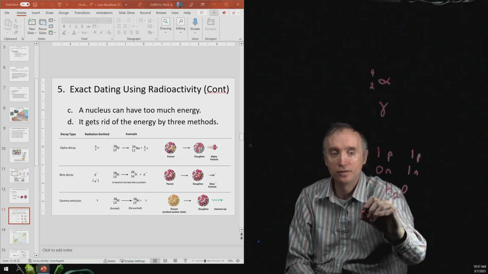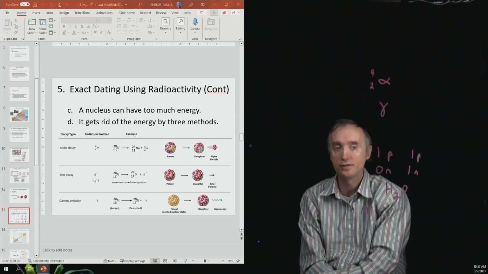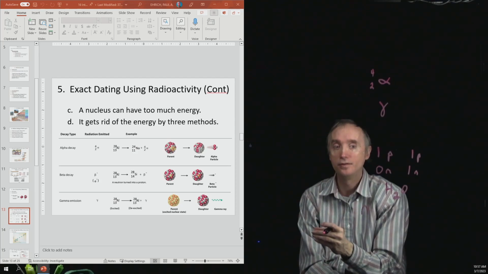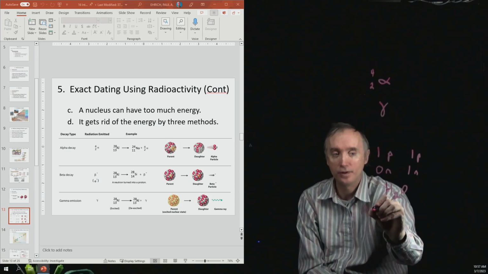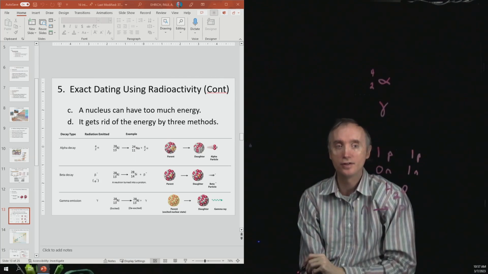So what we need to do is to change one of those neutrons into a proton. So if it's got too many neutrons, then we're going to get rid of the neutron and change it into a proton. Okay, but now let's look at the charge.